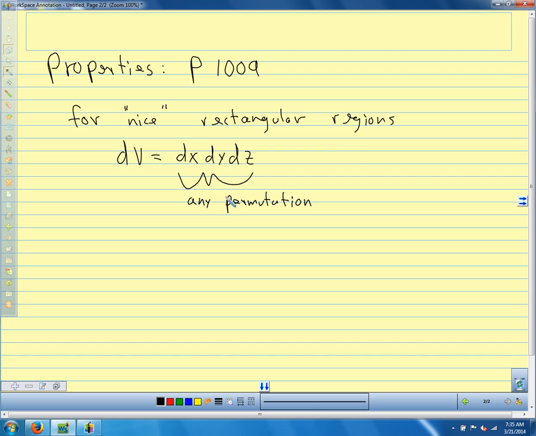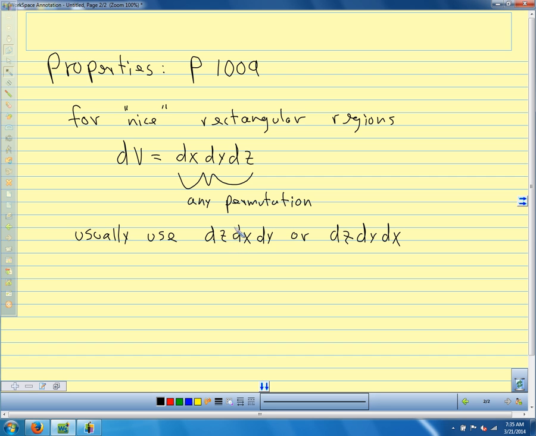Usually, if you're dealing with regions that you're dividing into rectangular prisms, we're going to use the order dz, dy, dx, or dz, dx, dy.